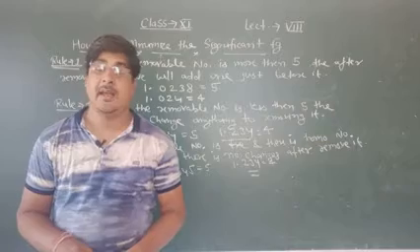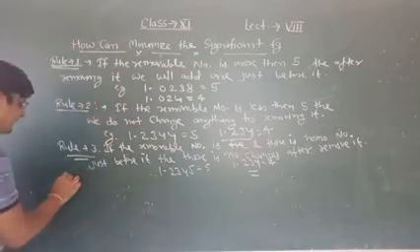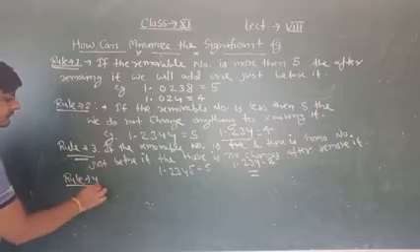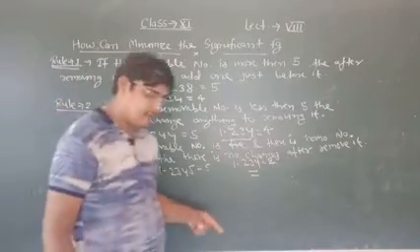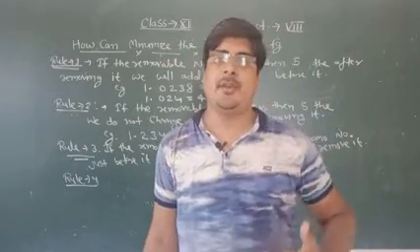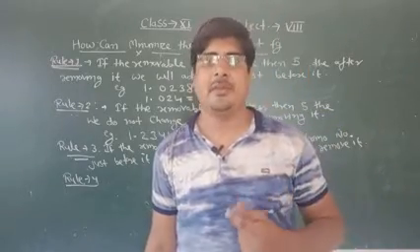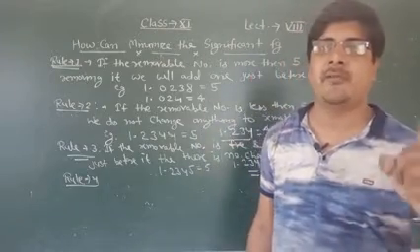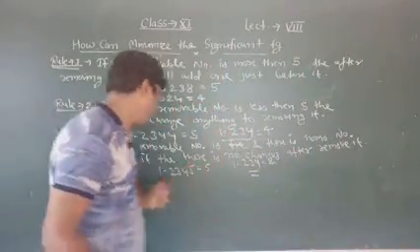Okay, and the last, rule number 4. If the removable number is 5 but just before it there is any odd number, then we will add 1 after removing the 5. Here it's very important.